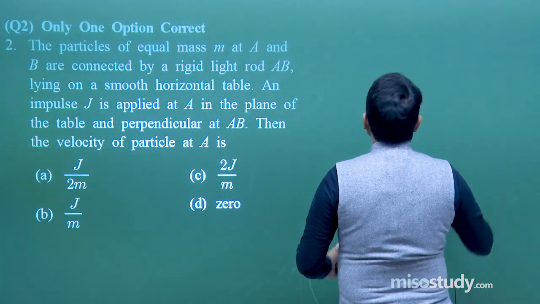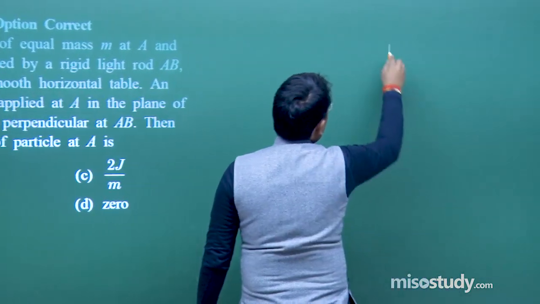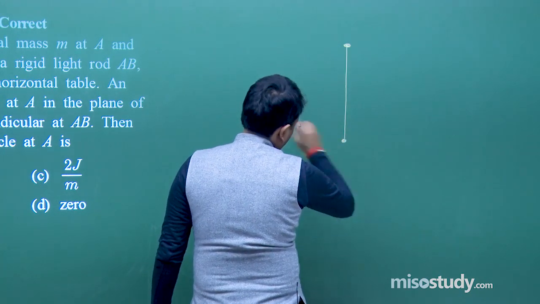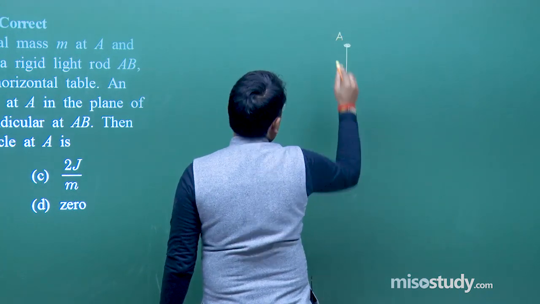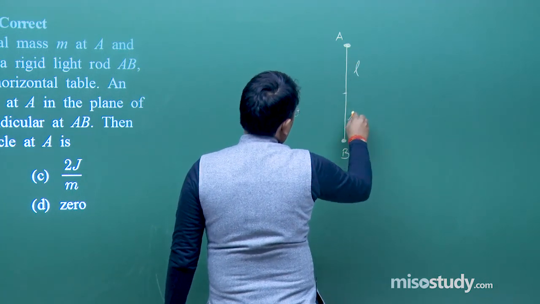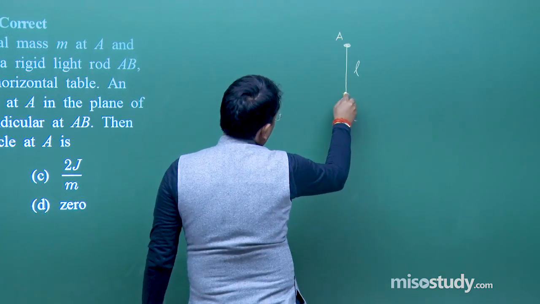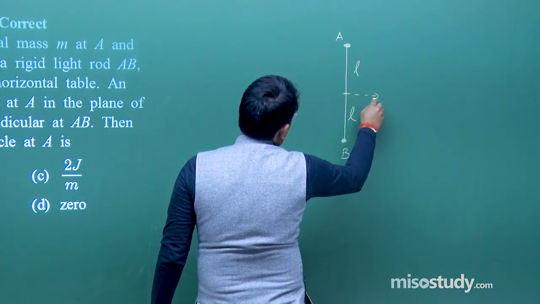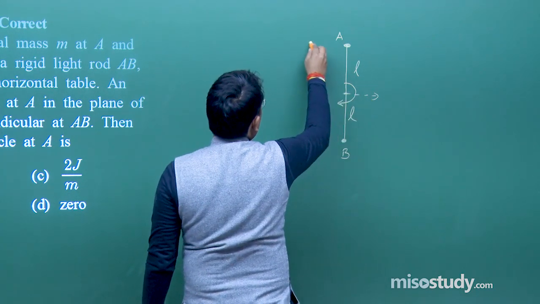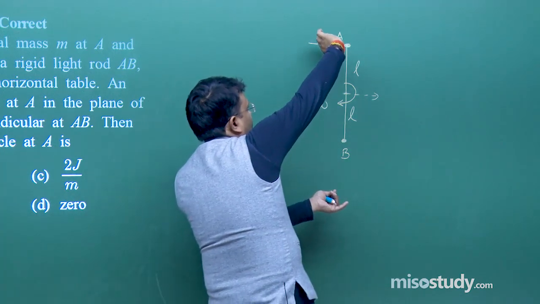but somehow if some confusion is there, A, B, fine, L, L. Let us say this is the total length. So it will move like this.